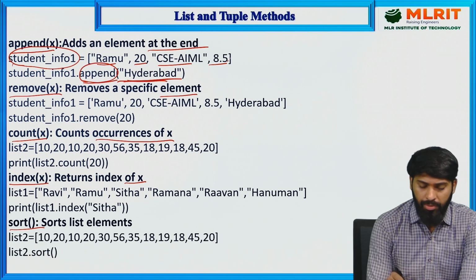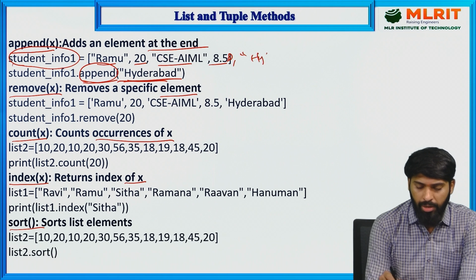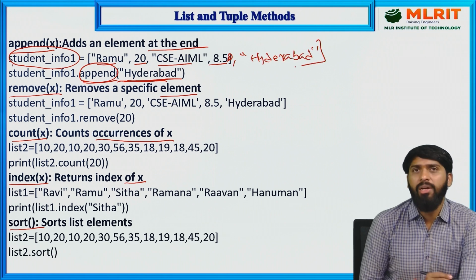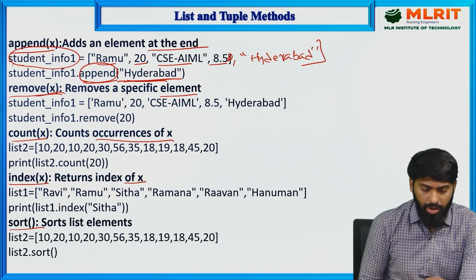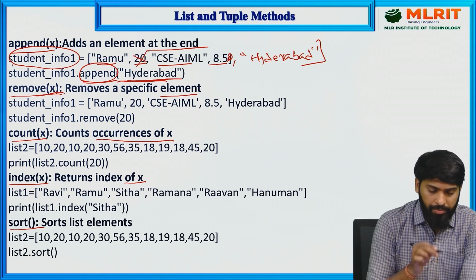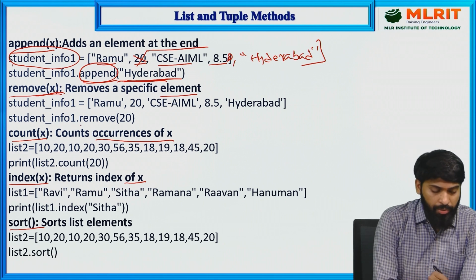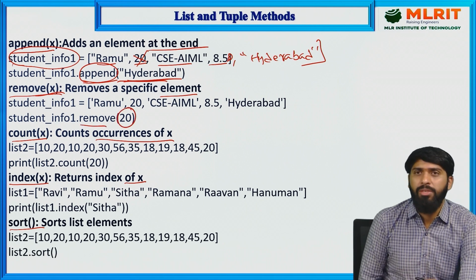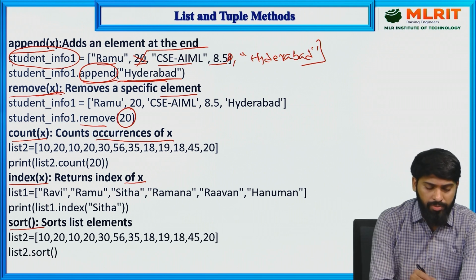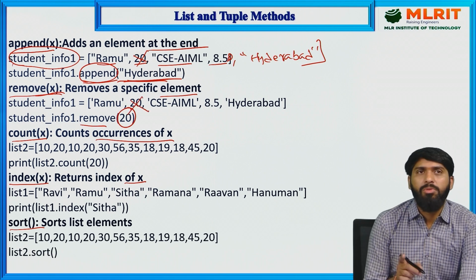Here Hyderabad will be added at the end of the list. Similarly, remove. Now I want to remove this 20. How? Student info 1 dot remove, and here we specify the item. Now this will be removed from student info 1.